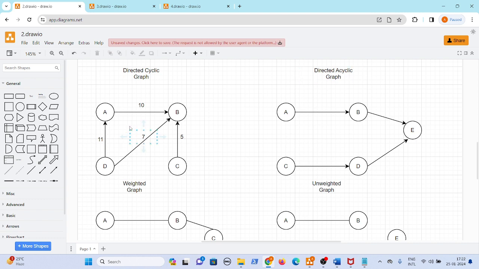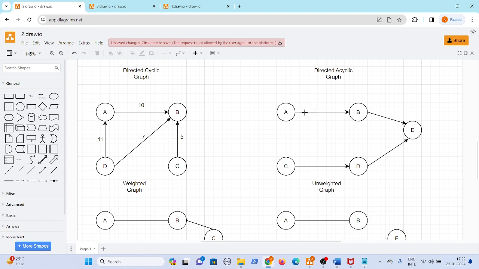Let's talk about the road example again. There exists a road A to B and the distance from A to B is 10, the distance from D to B is 7, and the distance from D to A is 11. So you are putting the distance as weight on that edge. Then we can consider this a weighted graph.